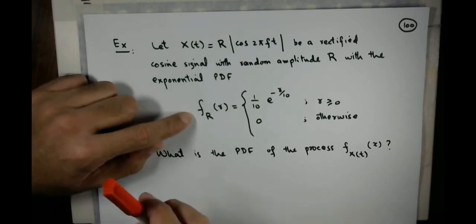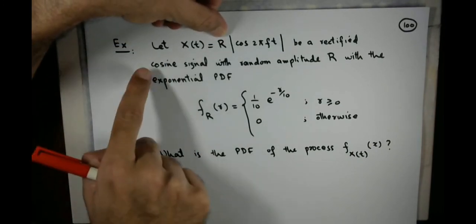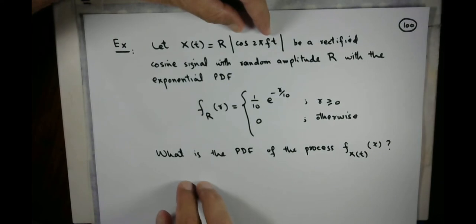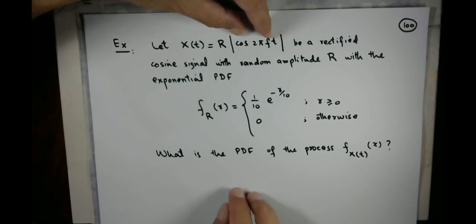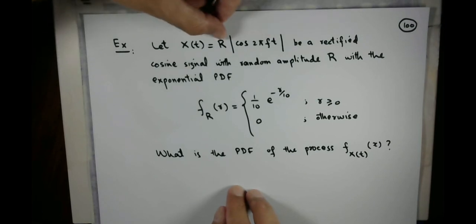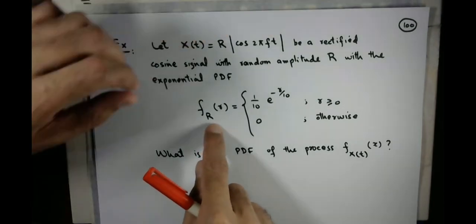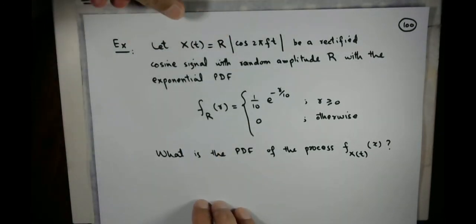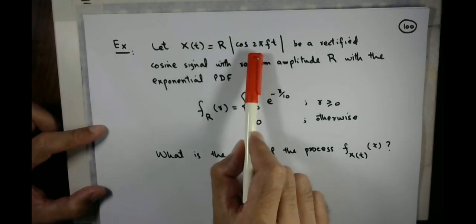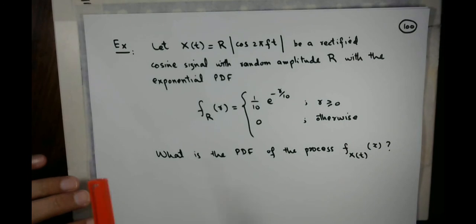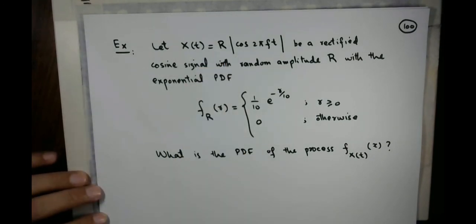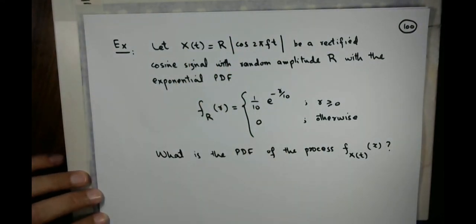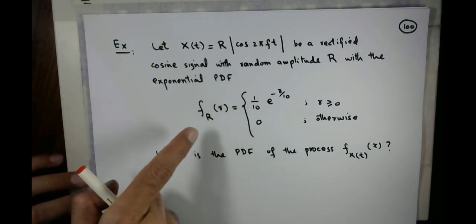This is the PDF of this random variable R. It is already given that this R is now the amplitude of a rectified cosinusoidal signal, and the amplitude is random in nature, and the randomness is determined through this PDF of the random variable R. So we have associated a cosinusoidal time function with the random variable R, and hence this is nothing but a process X of t. The PDF of this random variable is already given.